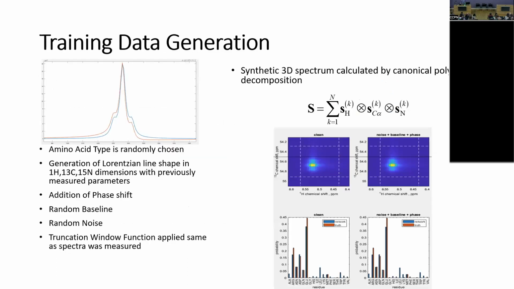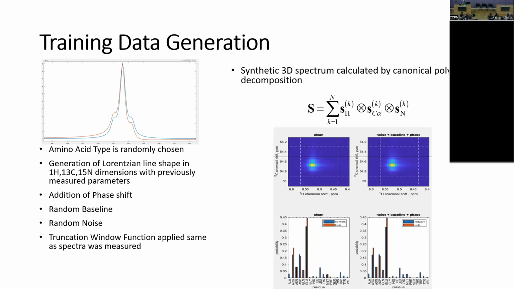And to do this, we had to generate a large training database, where the training database consisted of synthetically generated three-dimensional spectra of the labeled pyruvate HNCA spectra. So for the training data, we had a signal image, which was our synthetic generation of the spectra, supplied with the chemical shift positions.